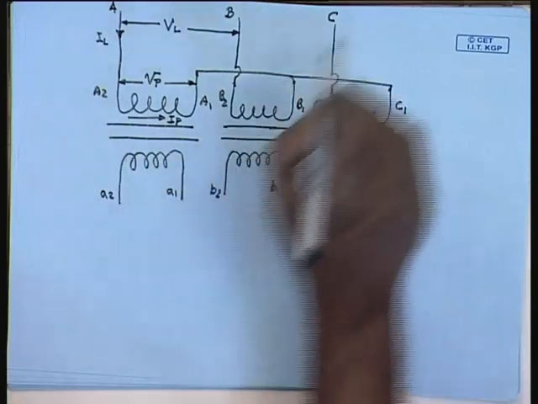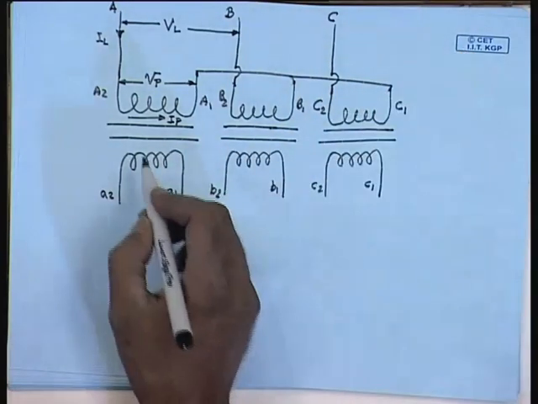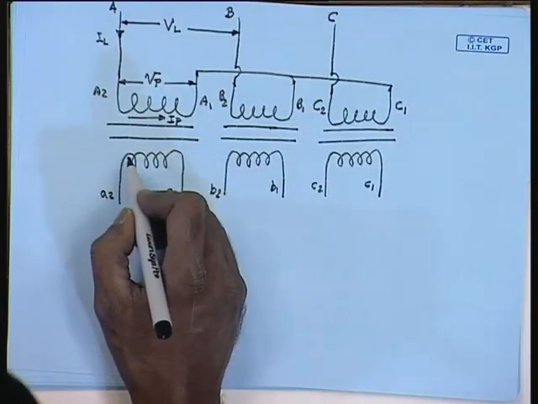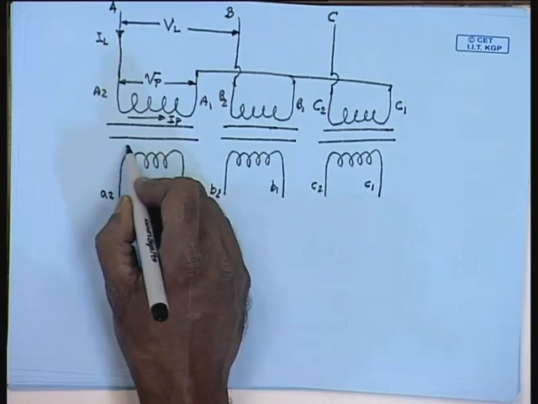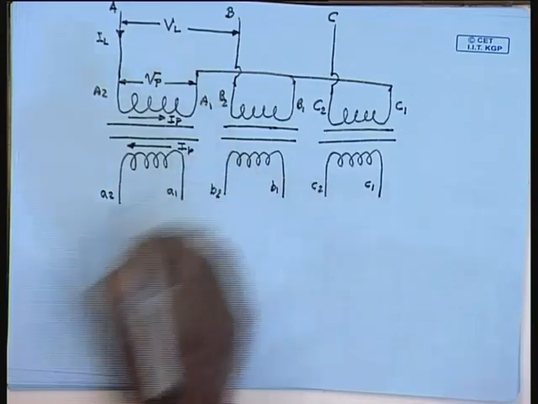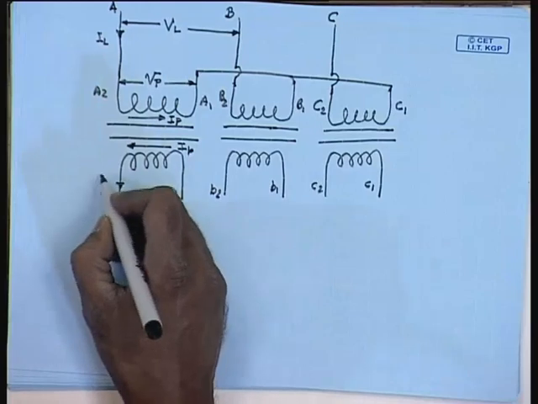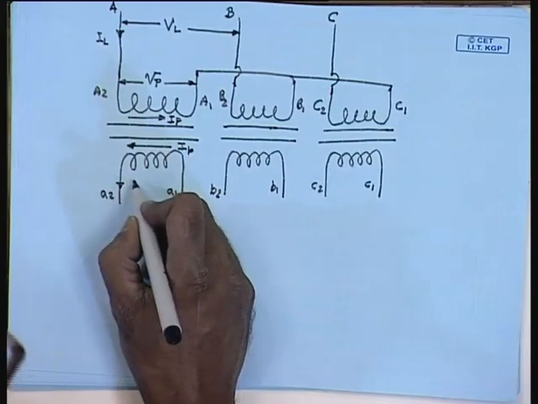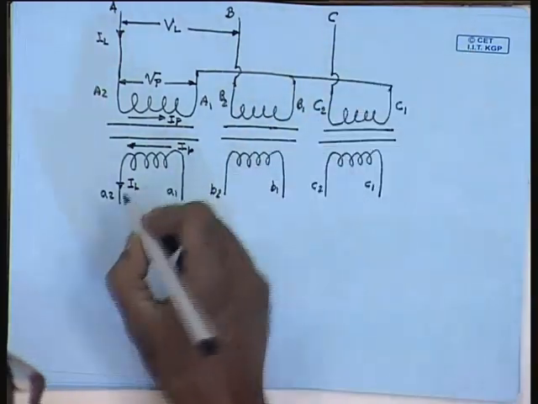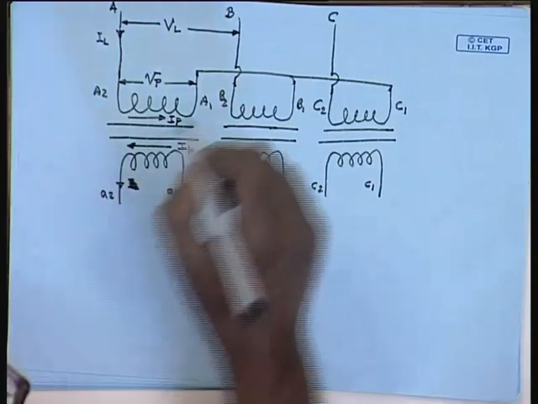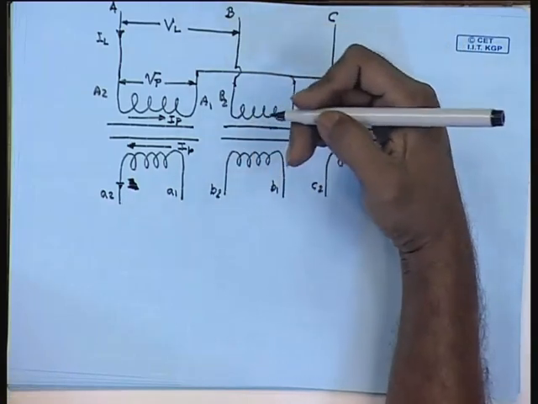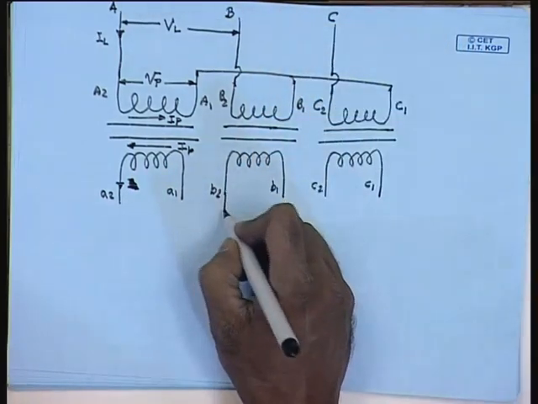Similarly, this is the phase current on the LV side, I_p, and this is the line current on the LV side, I_l. Now, the low voltage side, let us say, is delta connected. How do I get this delta connection?